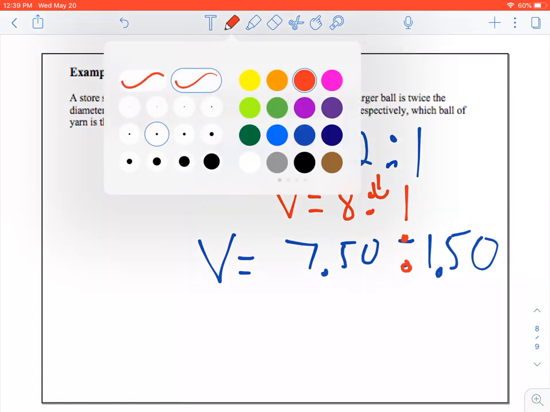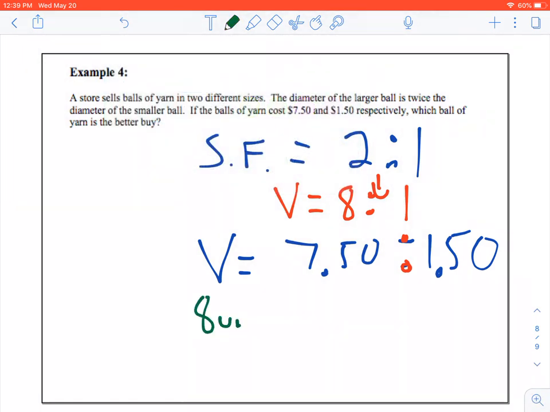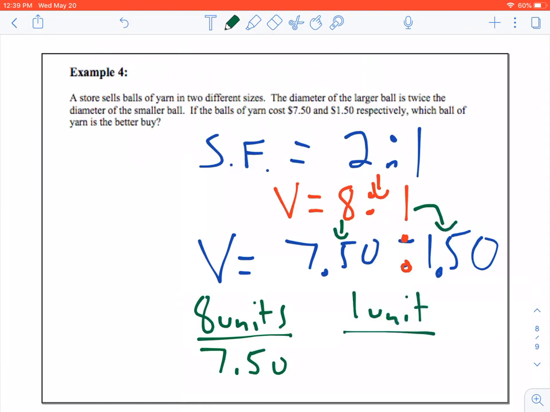What this actually tells us then is I can buy 8 units for $7.50, or I can buy 1 unit for $1.50. It wants to know which ball of yarn is the better buy.